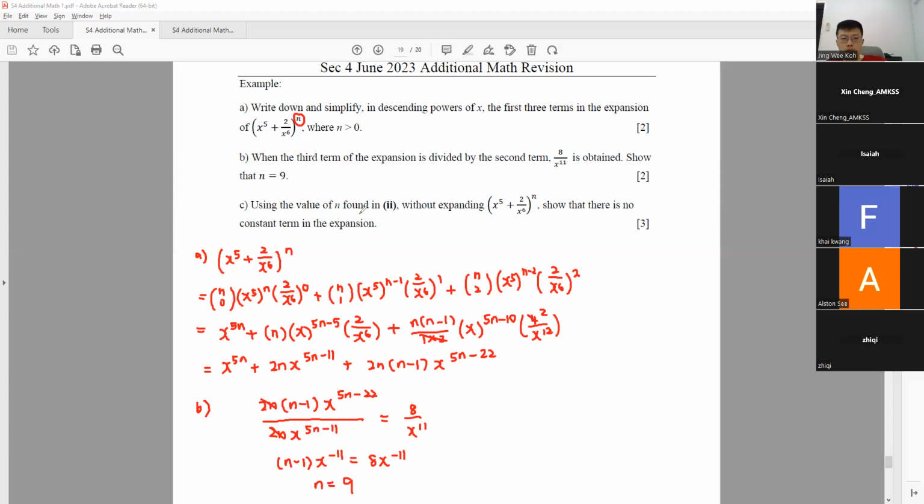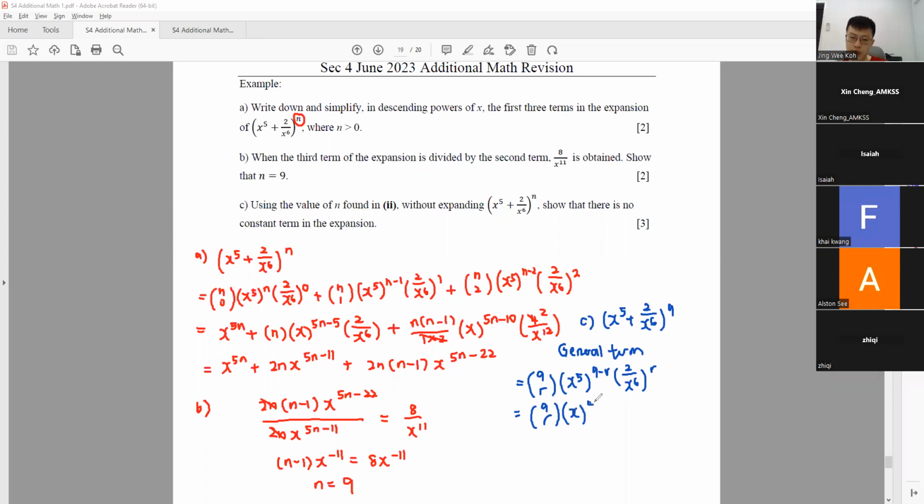Okay, part C, using the value of n found in part B, without expanding, show that there is no constant term. So you cannot expand already. The only way for you to show is to use the general term, because you cannot expand. So the general term is equal to 9Cr. So again, separate the r and separate the numbers and x.